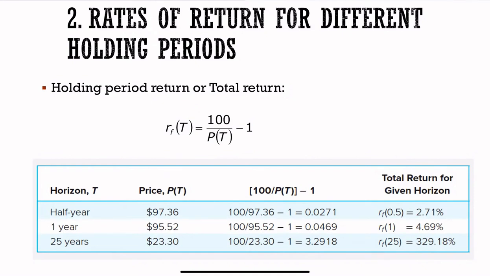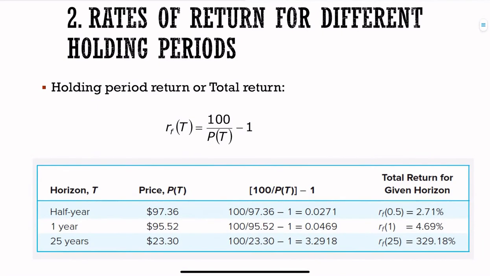So let's say you're buying a bond with a par value of $100. Let's say this is a zero coupon bond. So basically you can see that at time t, that is on the day when the bond matures, you will get $100.